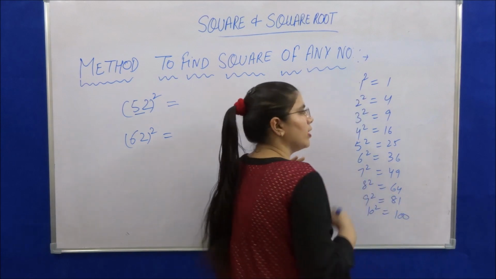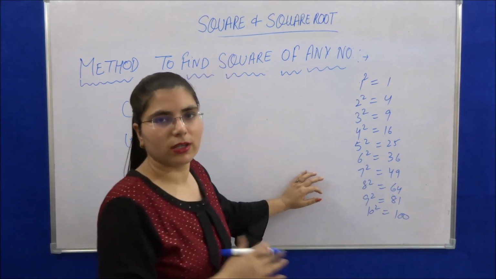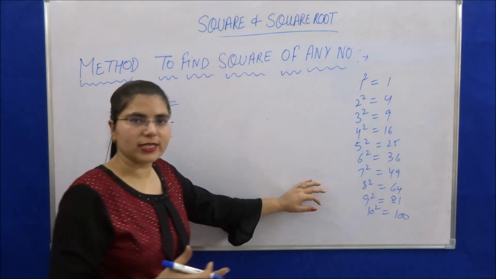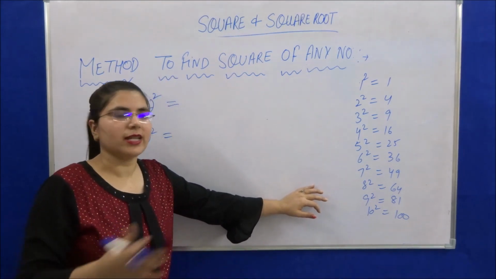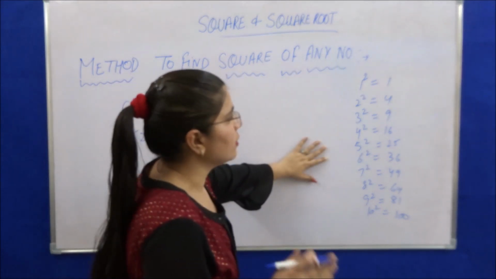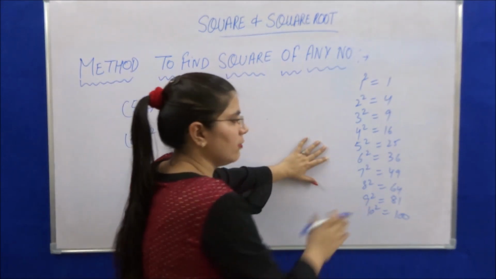In a similar way, 11 square 121, 12 square 144, 13 square 169, and so on. So we can find these numbers' squares very easily.